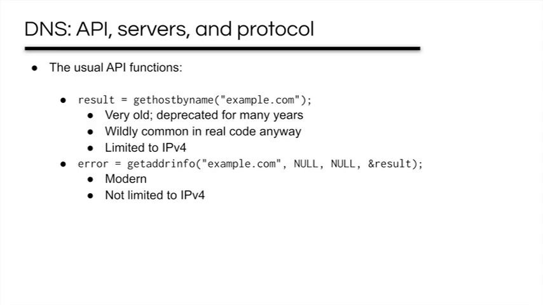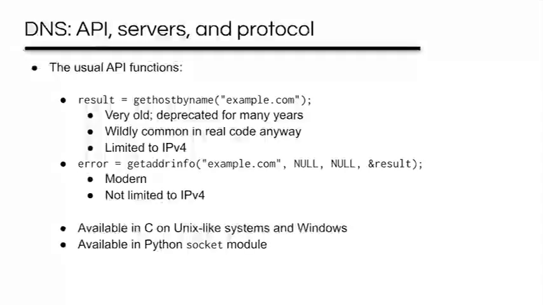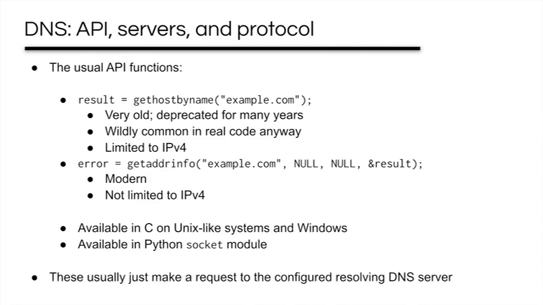It's not limited to IPv4, and both of these are available in the C libraries on Unix-like systems and on Windows, and they're also both available in the Python socket module. Usually, the implementations of these don't know how to make iterative queries. They only know how to make that first query to a resolving DNS server.